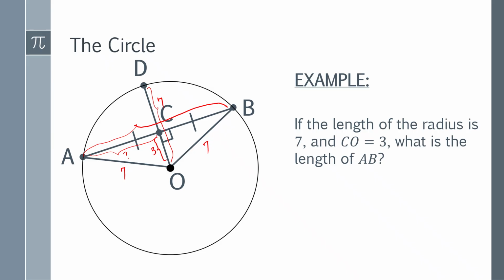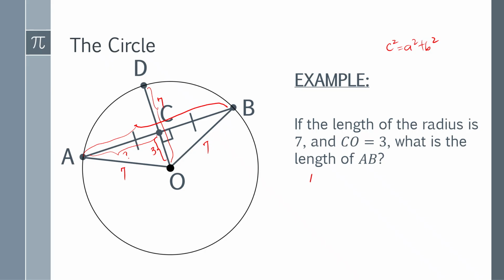So we have to use the Pythagorean theorem. The Pythagorean theorem again is c squared is equal to a squared plus b squared. But this time we will be using the notations of the line segments. Let's say this is AO. You can use AO or OB, it's okay, but we have to refer to AO first. So AO here is 7.